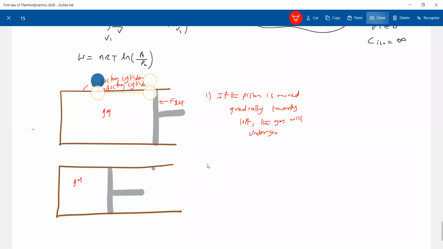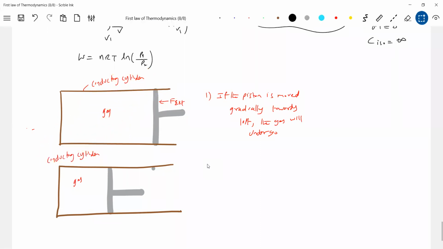There's one more condition. So what is this? This is a conducting cylinder.